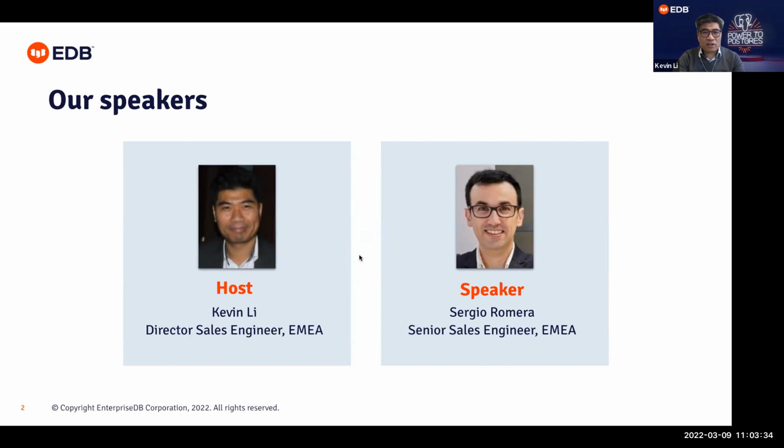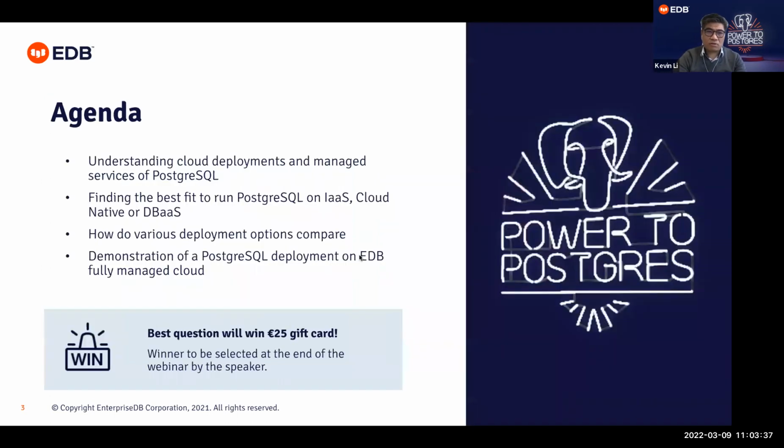So let's get started with this. We have an agenda, and it's not a lot of presentation. We're really going to go to some practical question examples. To do that, as Alice already mentioned, the best question is going to win a €25 gift card. First of all, we're going to talk about understanding cloud deployment, how to deploy Postgres, and what managed services are available in the cloud.